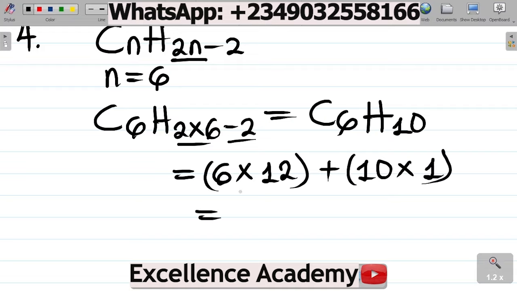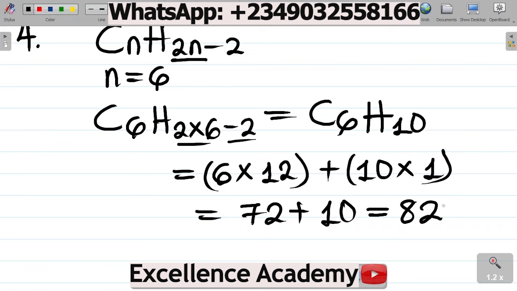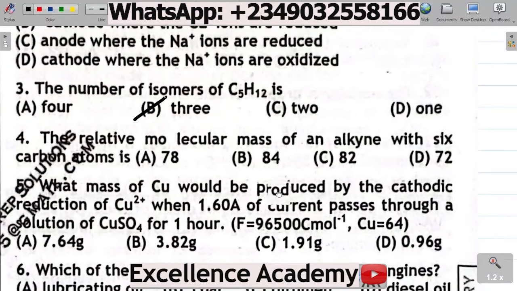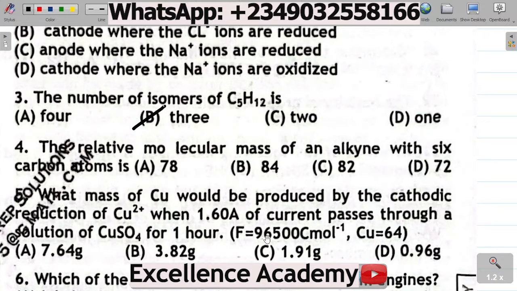Let's combine this. 6 times 12 is 72 plus 10 times 1 is 10. 72 plus 10 gives you 82. So hence, the molecular mass of this is 82 gram per mole. So let's see which option that is. 82 is option C. So option C is the correct answer.